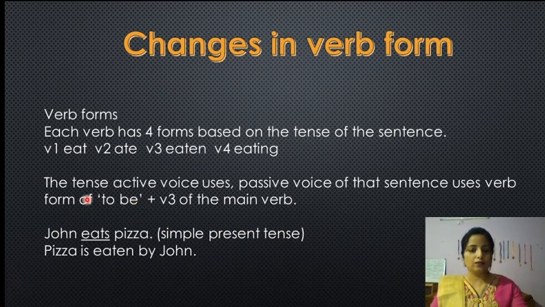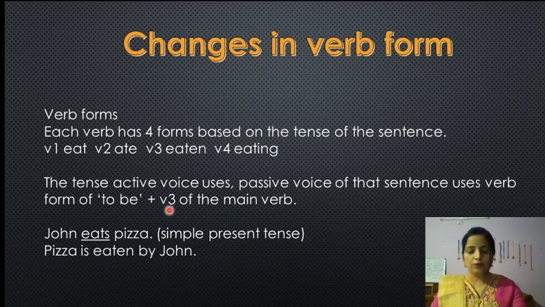Now let's come back to this slide one more time. Have a look at the third sentence here. The tense active voice uses, passive voice of that sentence uses verb form of to be plus V3 of the main verb. Now, please have a look at V3.